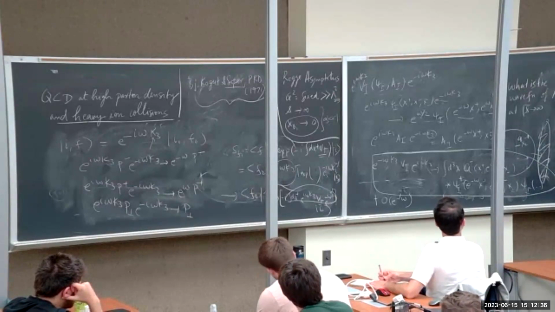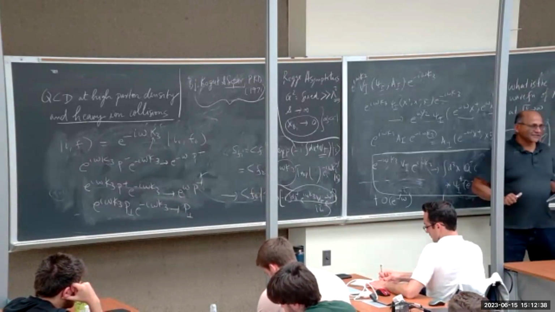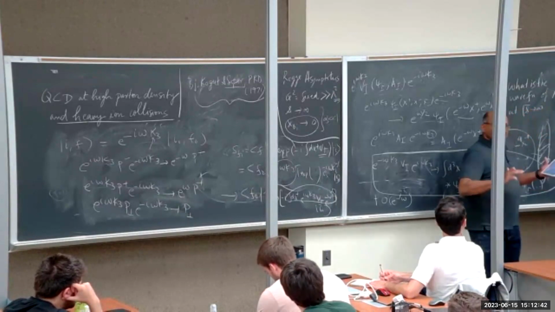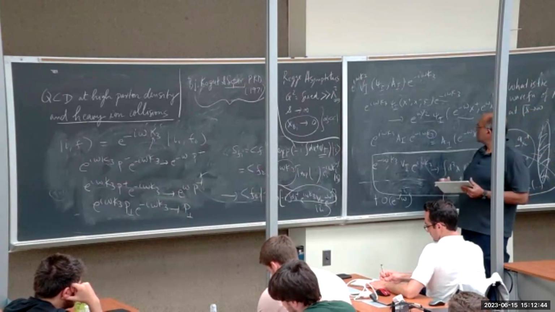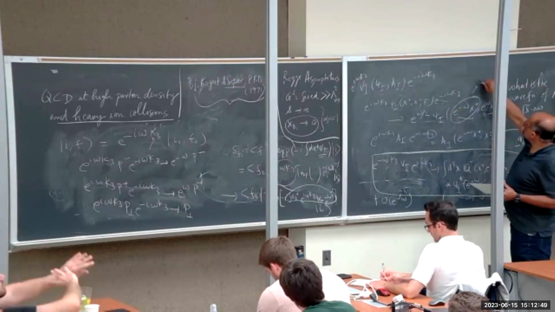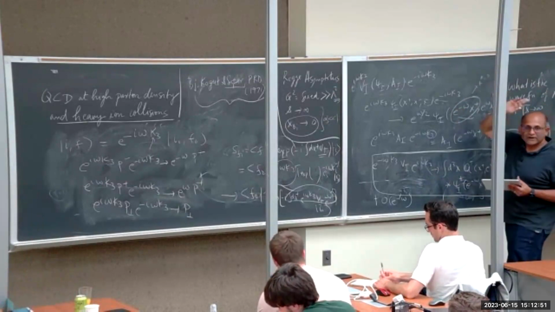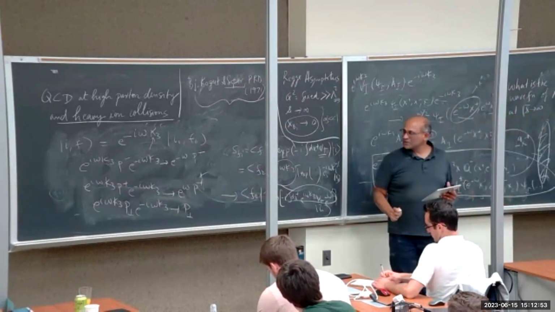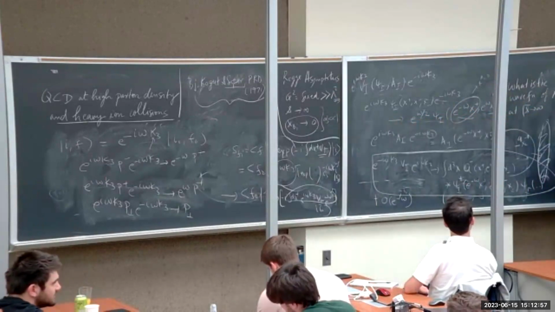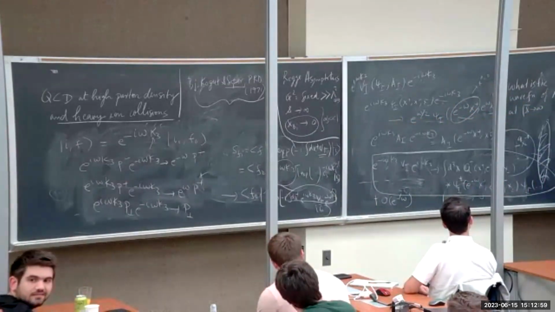This only depends on the two-dimensional transverse coordinates. There's no path ordering involved, because this boost takes everything to x plus equal to 0. So the interaction is instantaneous with this field, and the only thing that survives is this object here, which is sometimes called the eikonal in optics.